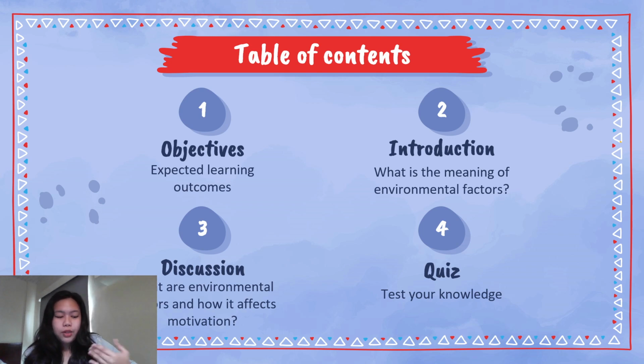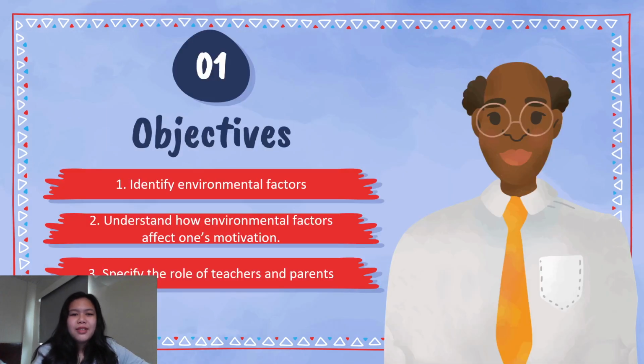I'm going to tell you the meaning of environmental factors, followed by discussion, of course. We will discuss the environmental factors and how they affect motivation. And last, our ending is a quiz. Yes, we're going to have our 10-item quiz. And yes, let's begin. Objectives.